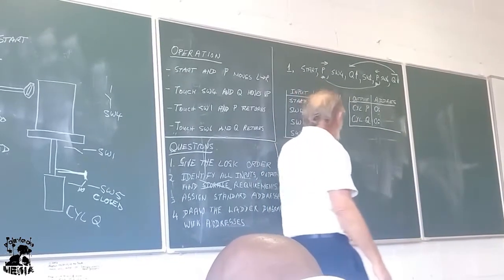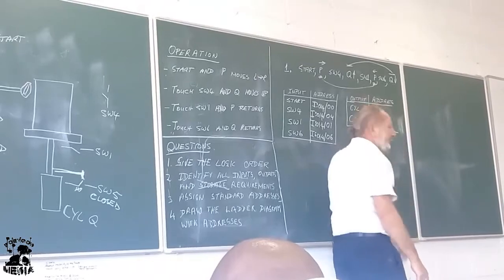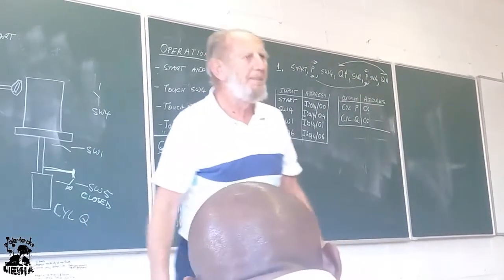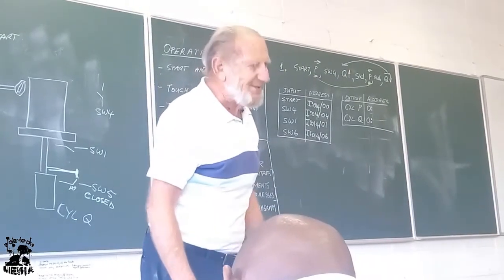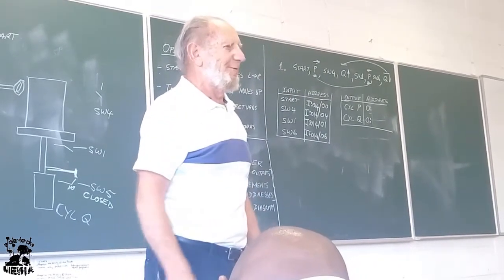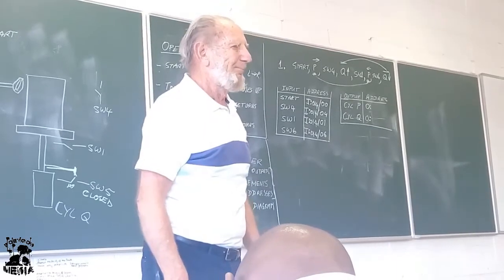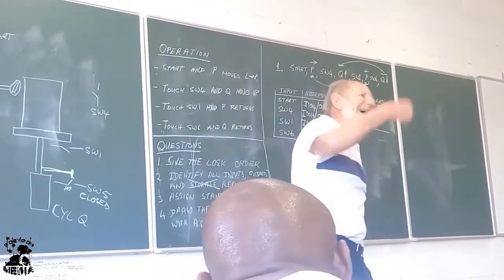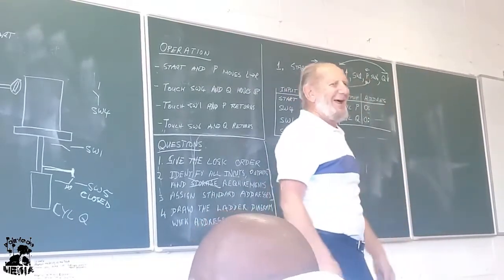Now I must assign the addresses for the outputs. Can I use rack 01 again? Yes, if I use a different slot. Can I use slot 4 again? Yes, if I use a different rack.